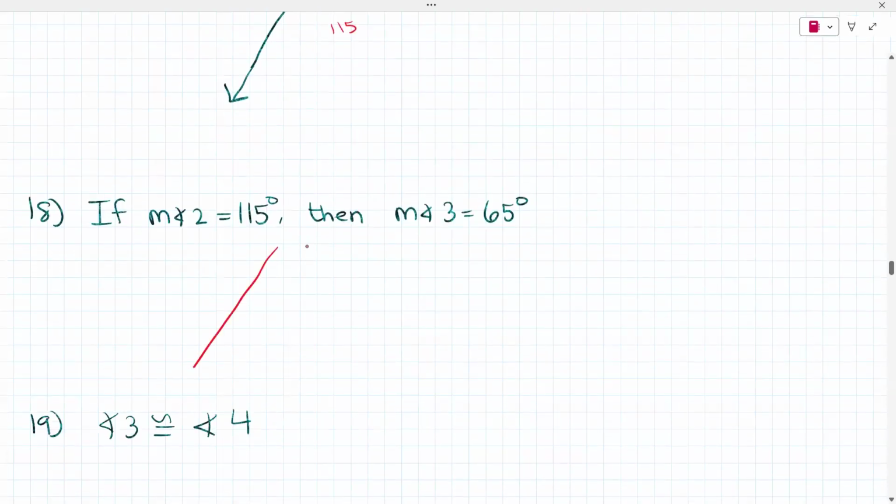If you look at the image I drew, here's 115, and then here's 65. It has to be always true, right? Because this is a straight line, this is a linear pair. They always have to add up to 180. So 115 plus 65 equals 180. So I'm going to say always.